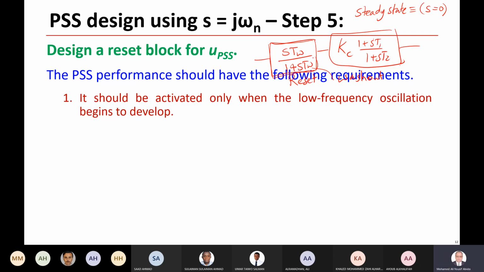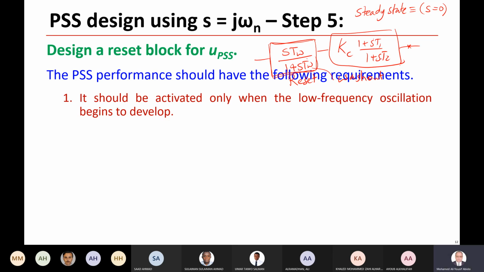If S here equals 0 at the steady state, what is the gain of this block, or what is the transfer function of this block? Zero. At steady state, this block becomes 0. 0 means we deactivate the power system stabilizer. There is no signal coming out here, and we have 0. This is at steady state.